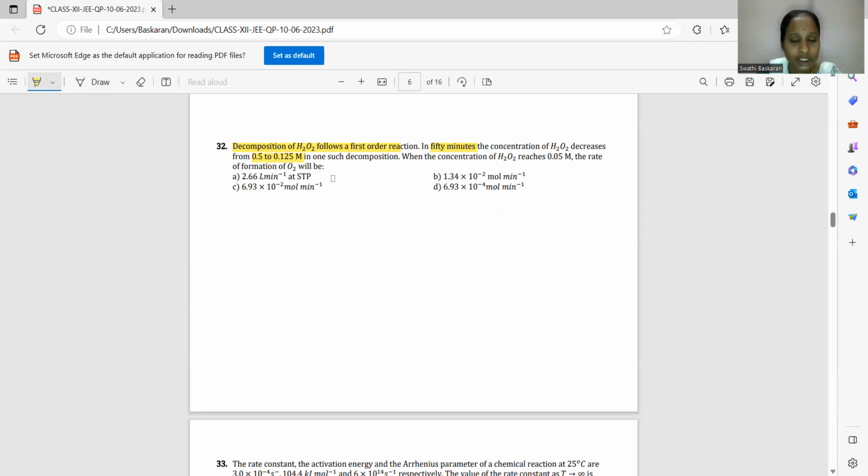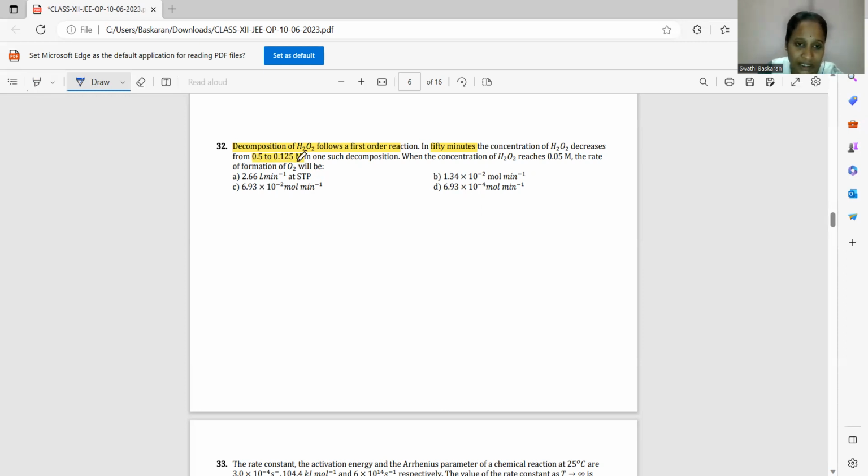So this question involves 3 steps. So which are the 3 steps? First of all, they have given that H2O2 is decreasing from 0.5 to 0.125, which means that we need to determine K here.